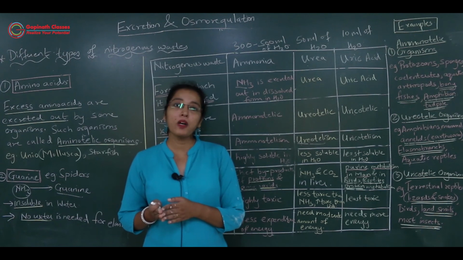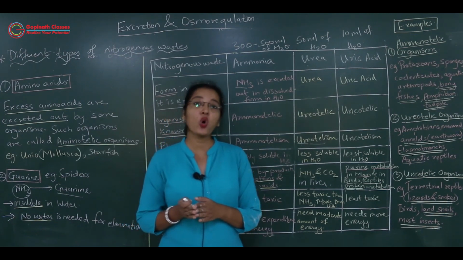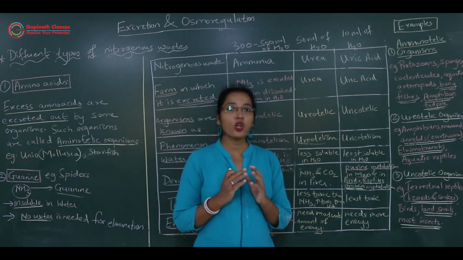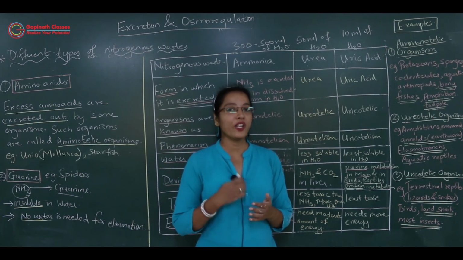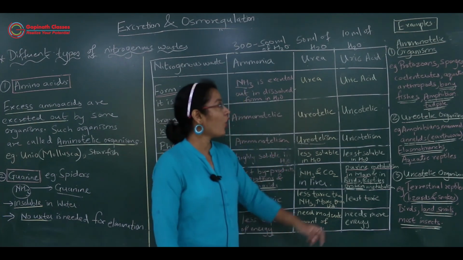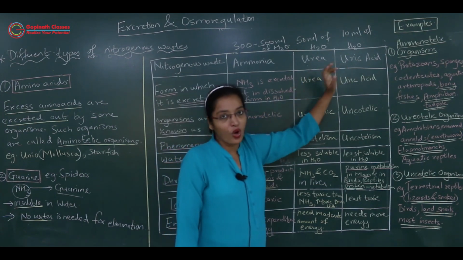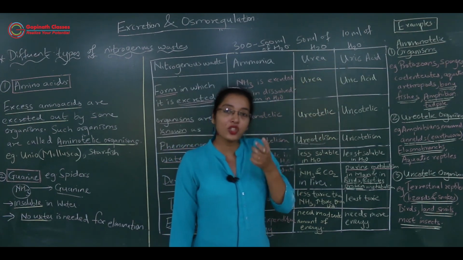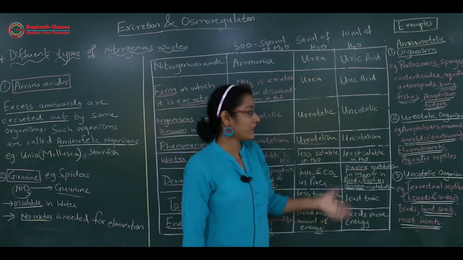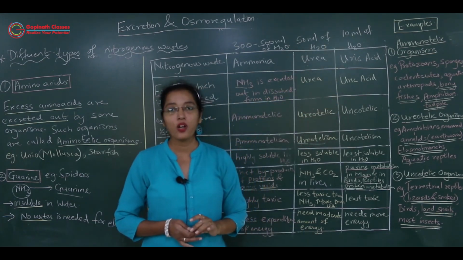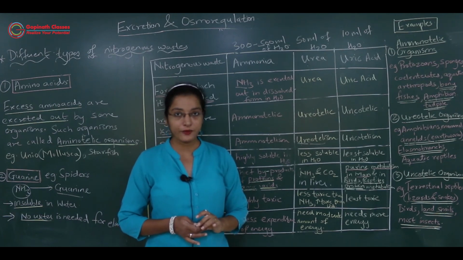Birds and reptiles conserve water, and for this they use only a small quantity of water for removal of 1 gram of uric acid. How much water is needed? Only 10 ml of water is needed for elimination of 1 gram of uric acid.